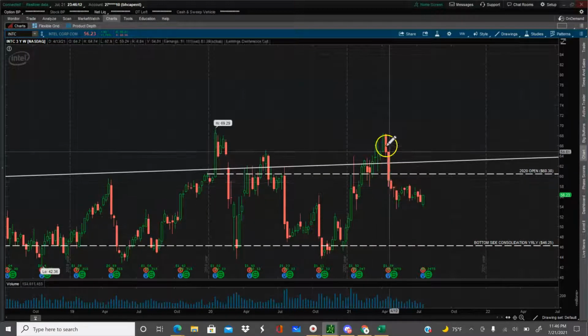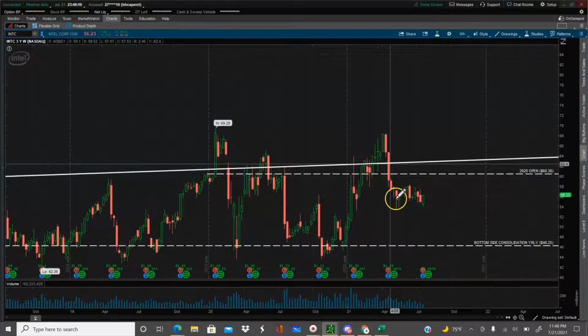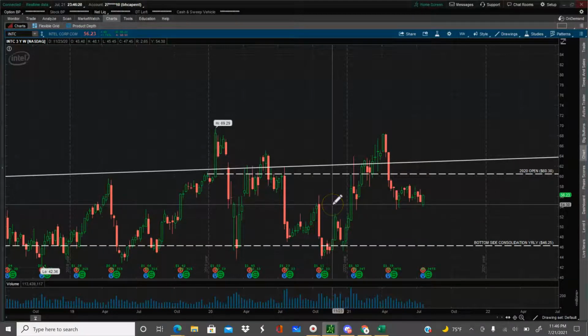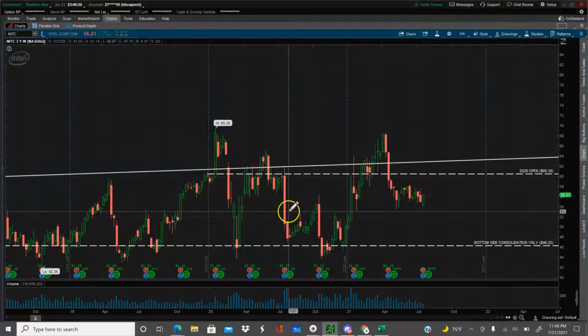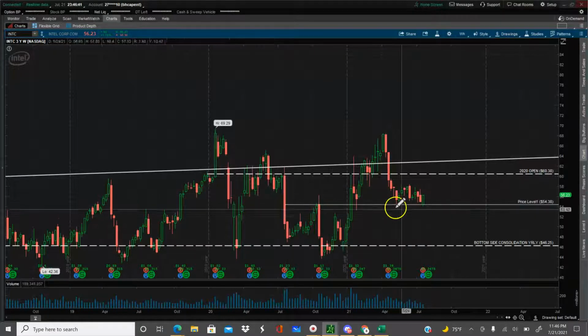Nice bullish trend line break here, and the price really just kind of tapered off here. So it looks like maybe there's some support here on this weekly chart. So I'm going to actually draw a price level here on this time frame, about just above this $54 area.